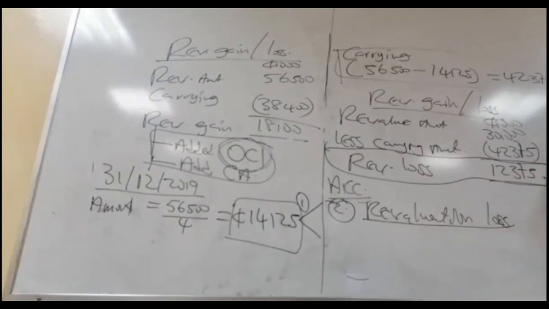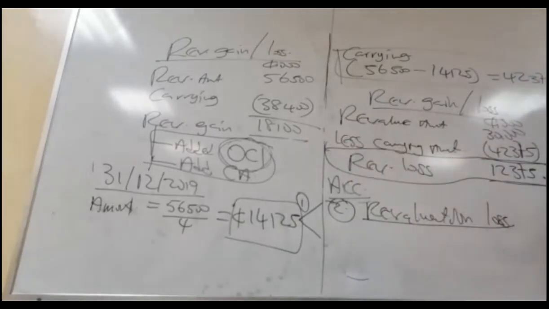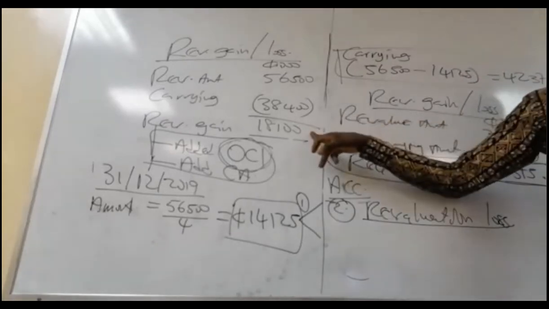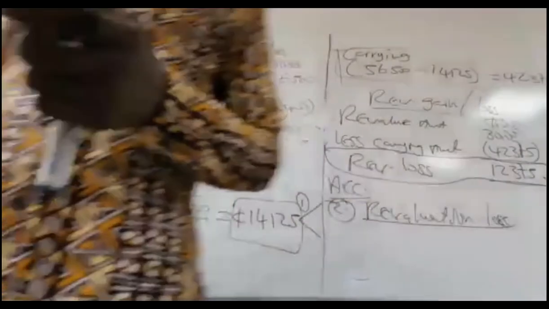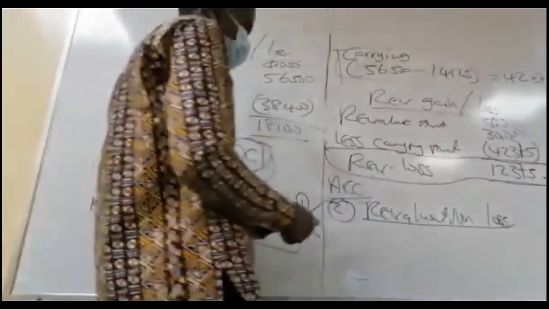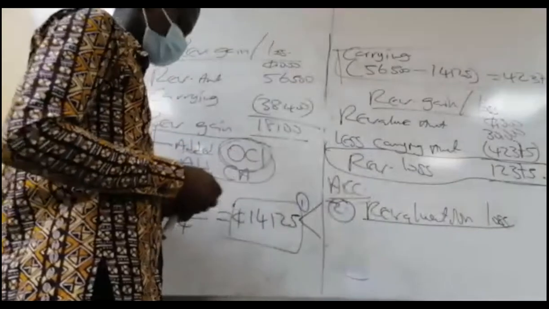Now the issue is that until this gain is cleared, we cannot tell ourselves that we've made a loss. So because of this gain, let's set a portion of this loss to go and offset it. So first, this gain is in the OCI, right? That is it.